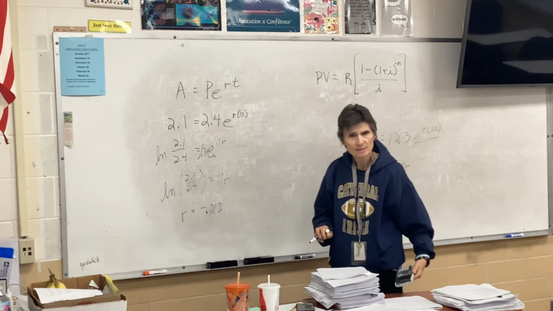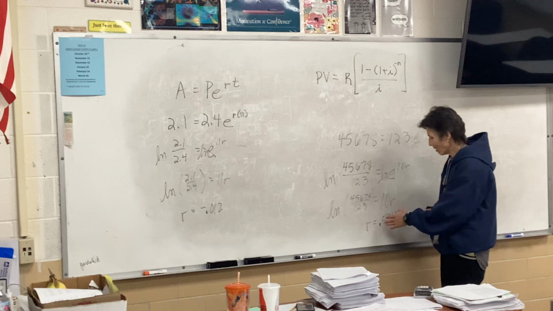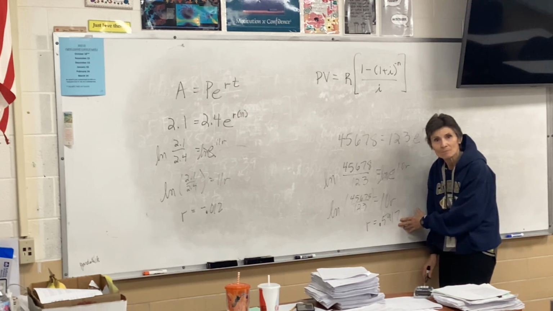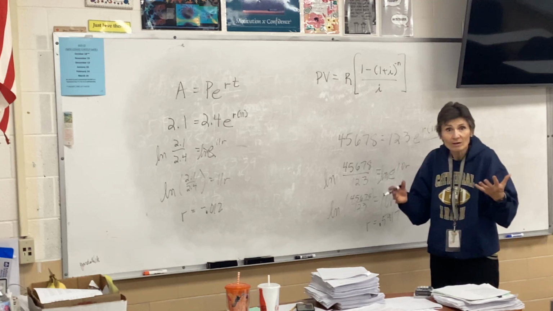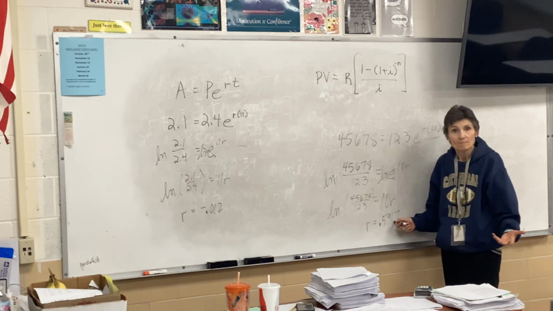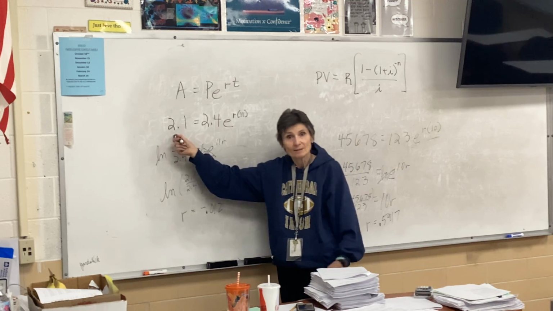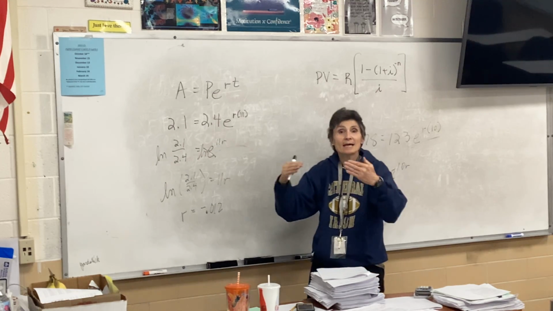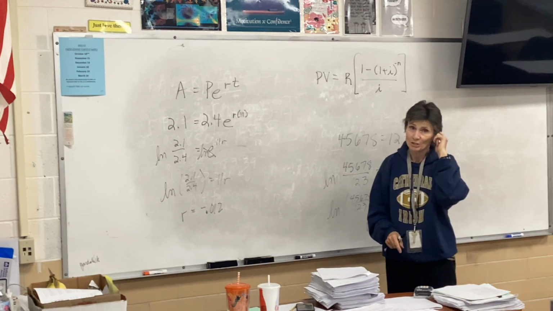Does that make sense? Yes, because what is R? R is the growth constant. And when a population or whatever is getting bigger, R is going to be positive. But what happens when your amount is getting smaller? It's decaying, negative growing. Now, that is not the answer to the question.